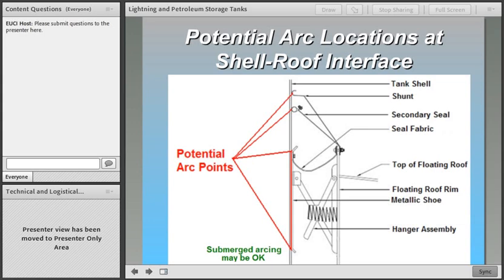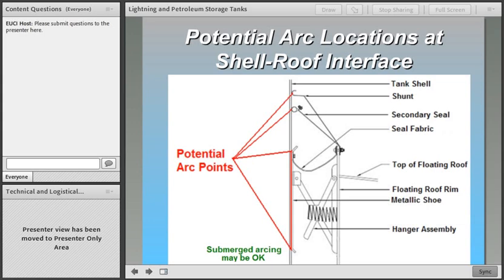During a lightning event, a typical floating roof has several potential arcing points. There may be arcing at the shunt. For example, if there's lightning current injected into the tank shell, there may be arcing at the shunt as the current attempts to go from the shell to the roof.